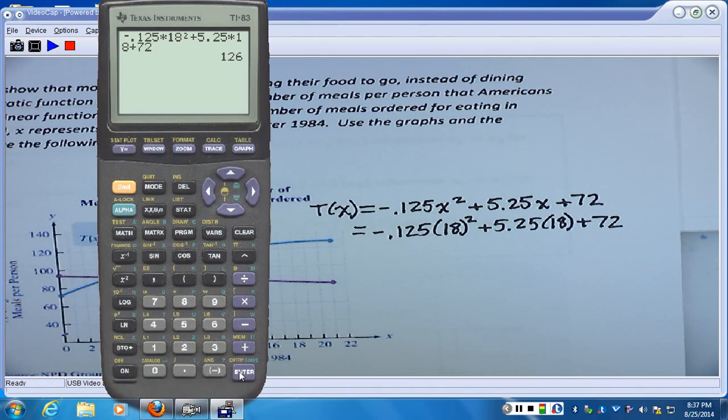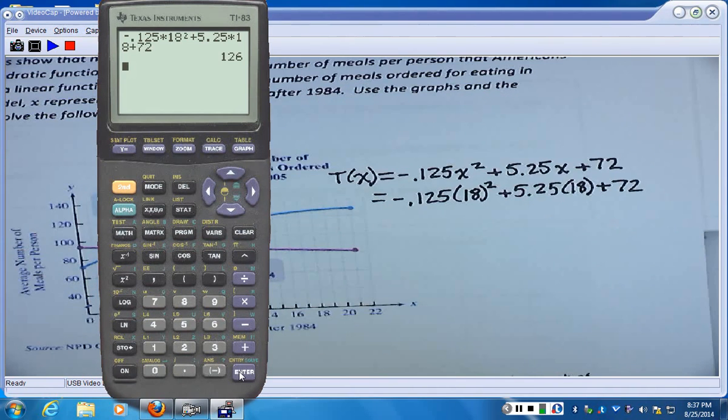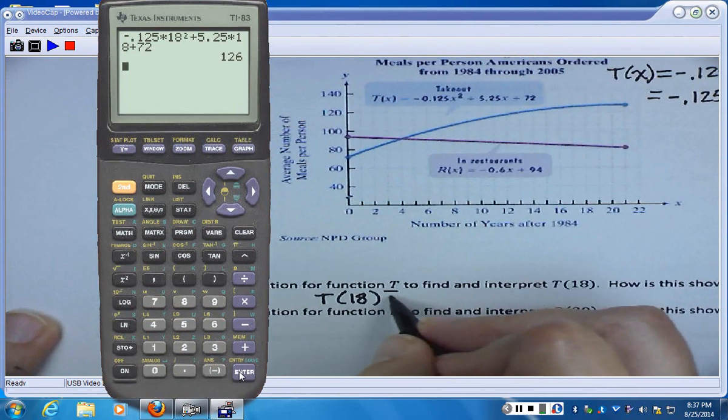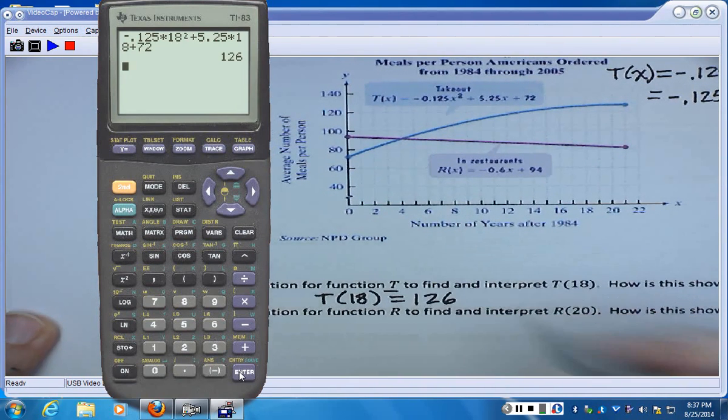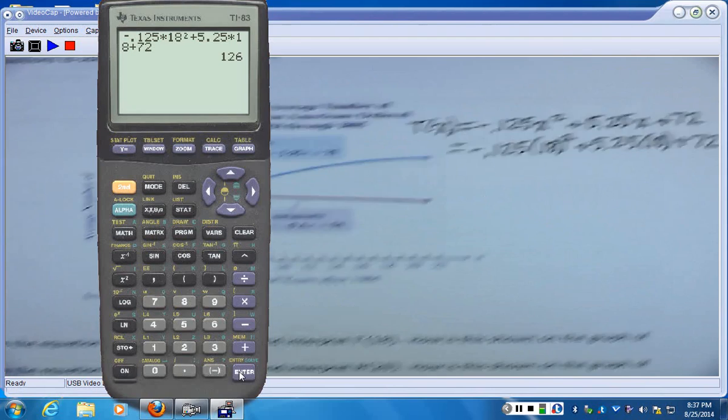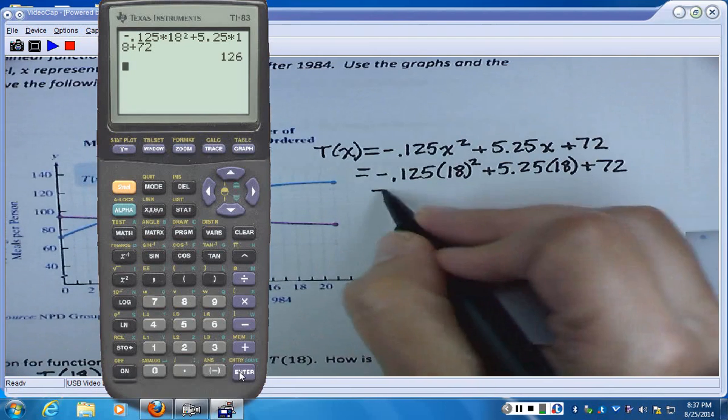And that's 126. So using the equation, we get t of 18 equals 126.